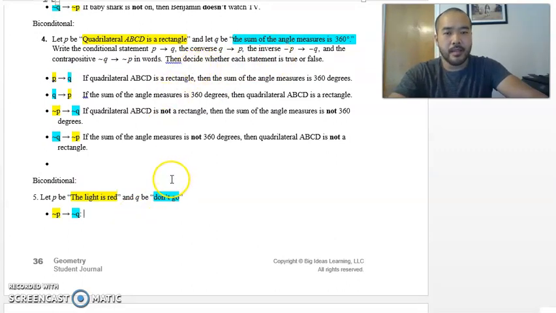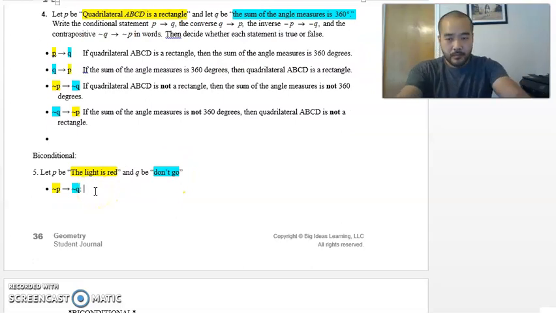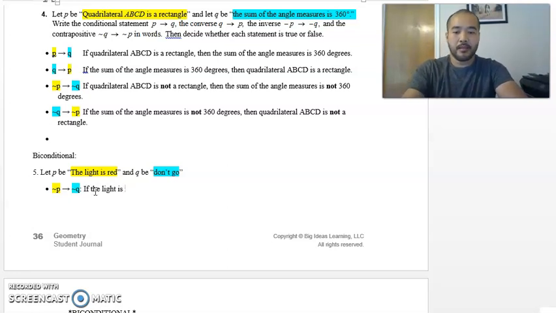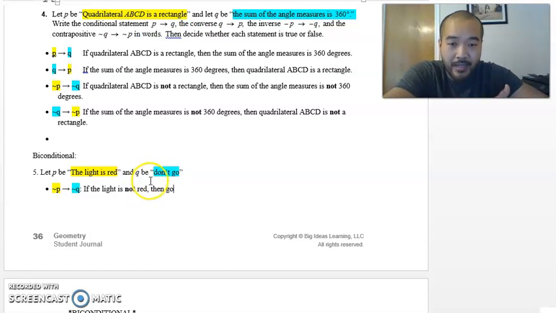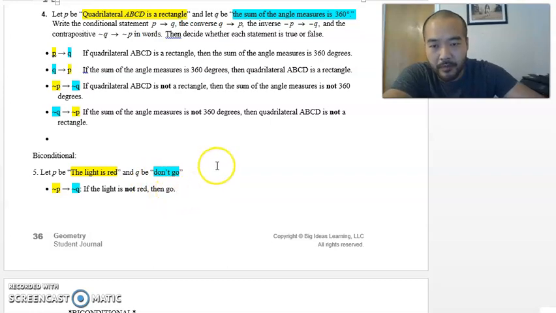No, this is the inverse. So we're negating both of these. If the light is not red, then go. So you'll note this blue one, I negated it, but because it's already a negative, you make it a positive. So just be mindful of that.